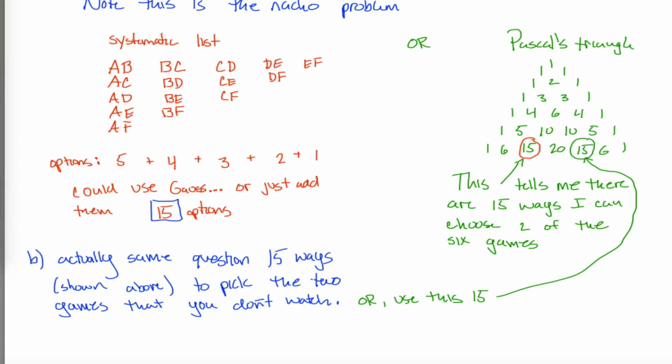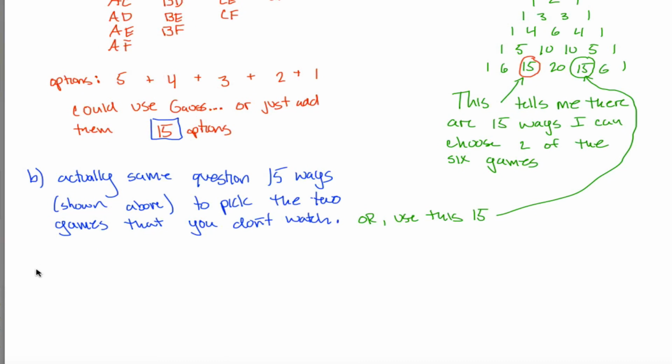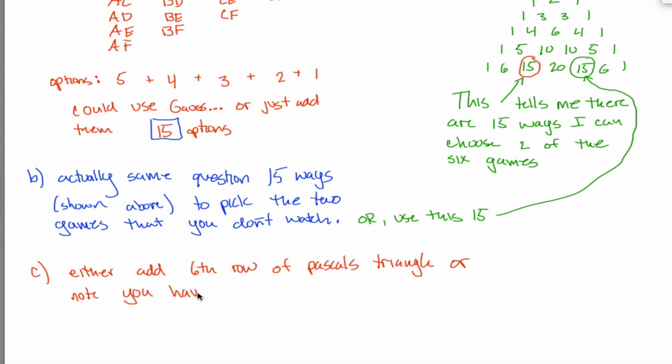Finally, the last part of this problem. If I can watch as many as I want, how many options do I have for my TV viewing? Part C. Either add the sixth row, which is actually the seventh one down because we have that 0 row at the top of Pascal's triangle. Or, note, you have two choices, or you have two options.